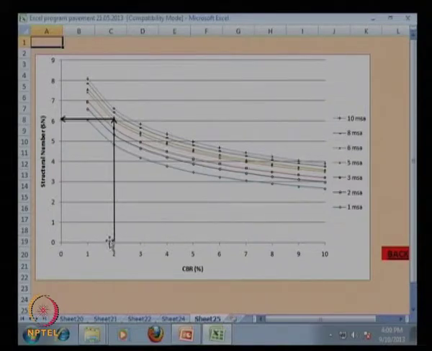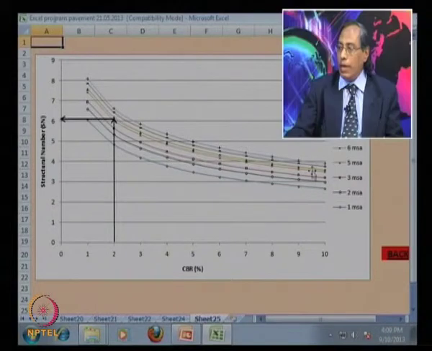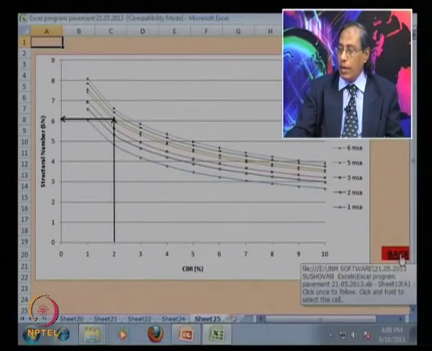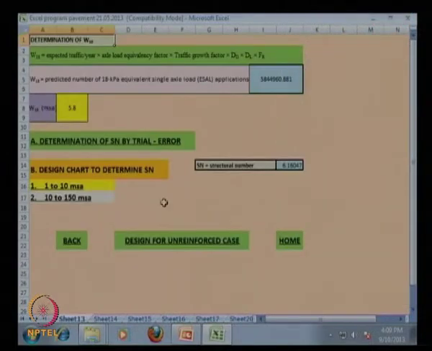You move up from the CBR, check the MSA value, which is about 6 point something, and then move horizontally, and you can read off the structural number, knowing the load of about 5.8 MSA.